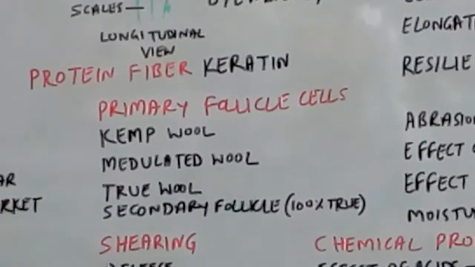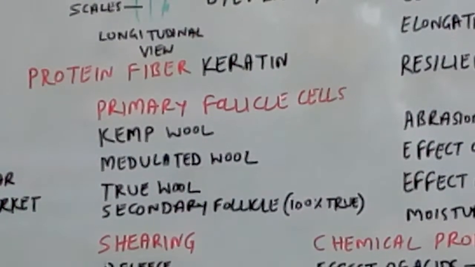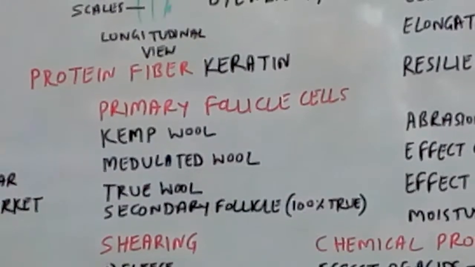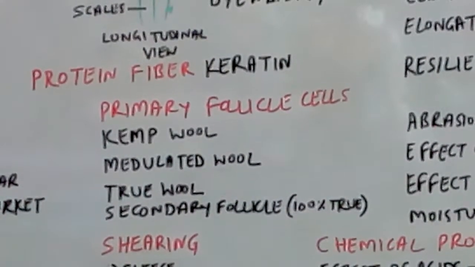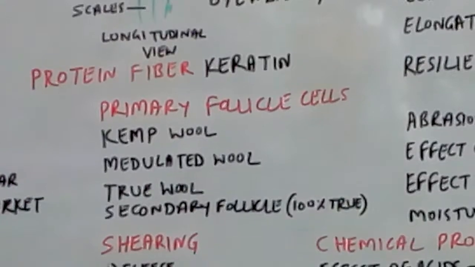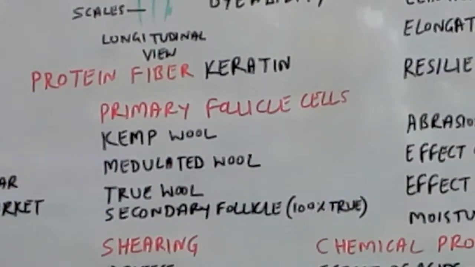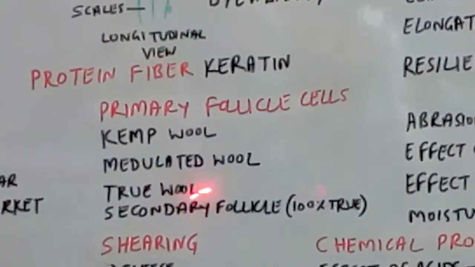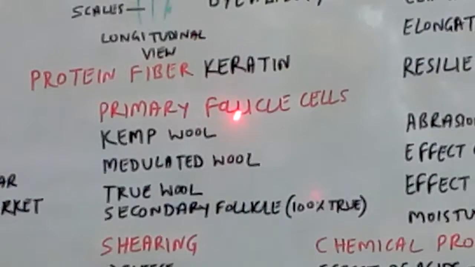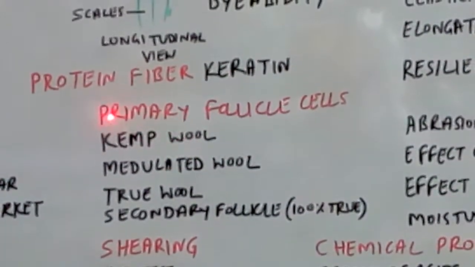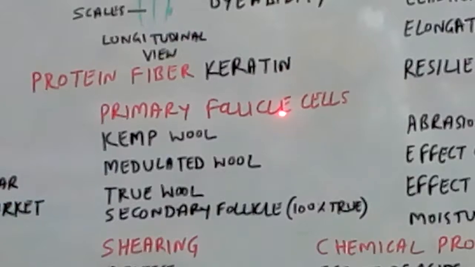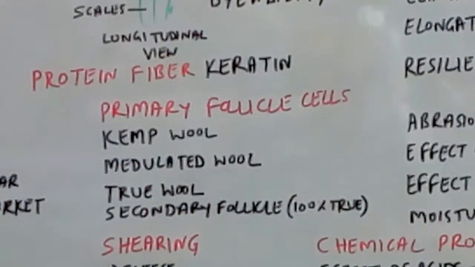The growth of wool fiber takes place with the help of these follicle cells. Follicle cells are responsible for production of the wool fiber. These follicle cells are of two types: primary follicle cells and secondary follicle cells.